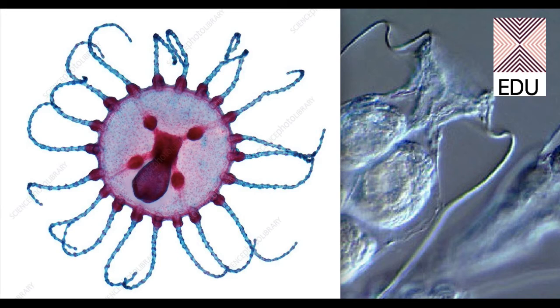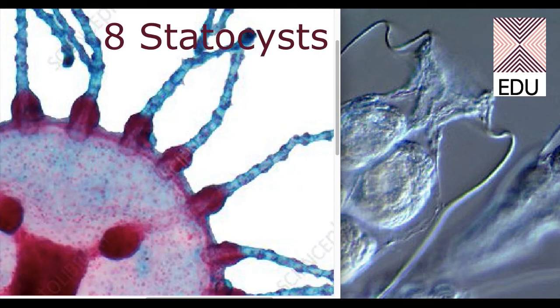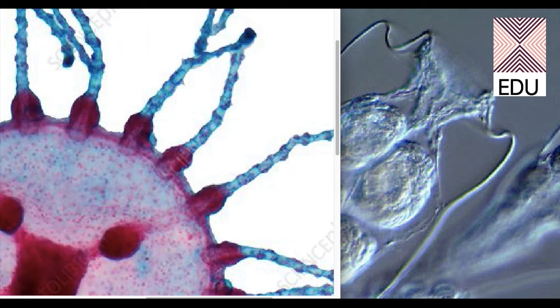They are umbrella-like structures. At the base of each adradial tentacle, it has a statocyst. So a medusa has 8 statocysts. These statocysts help the medusa to maintain equilibrium, or balance, while swimming in water.